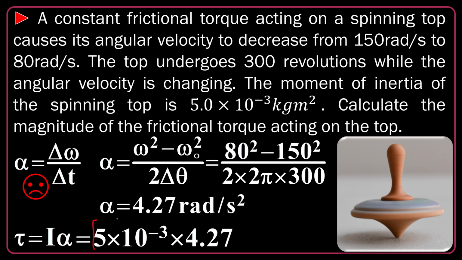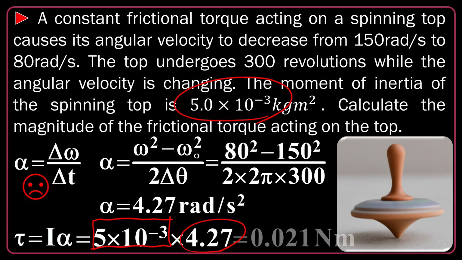Here I have the given I, 5 times 10 to the negative 3, and this is 4.25, the alpha we found already. Then the answer is 0.021 Newton meter. This is the total torque acting on that. This torque is a decelerative torque, and it makes the top slow down and slow down to get to 80 radians per second.